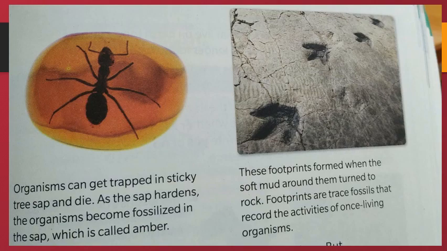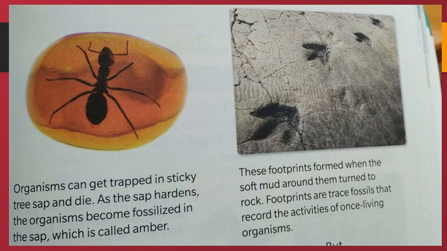Once it gets stuck, it cannot move because it's sticky, right? If we touch it, we can wash our hands with soap, but still our hands will feel sticky. We can get away from the sticky sap, but the ants do not have soap, and they are so small that they cannot get away or come out of that sticky sap.